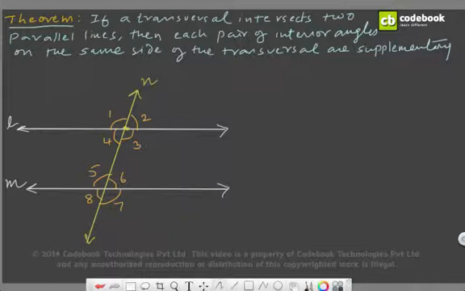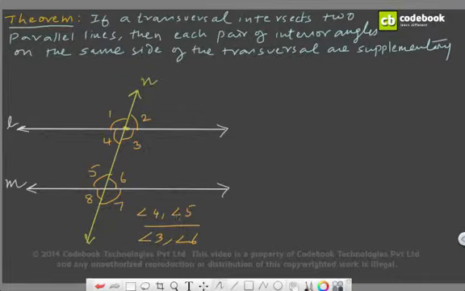So let's recall what interior angles on the same side of the transversal are. If you remember, I told you that a pair of interior angles on the same side of the transversal are also called co-interior angles, and these angles are angle 4, angle 5 and angle 3, angle 6.